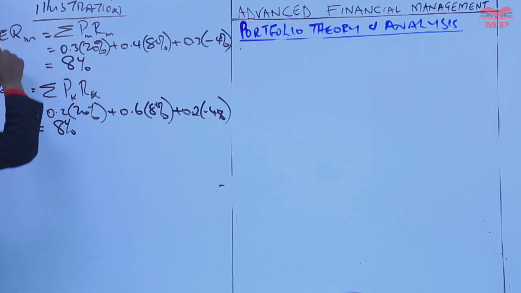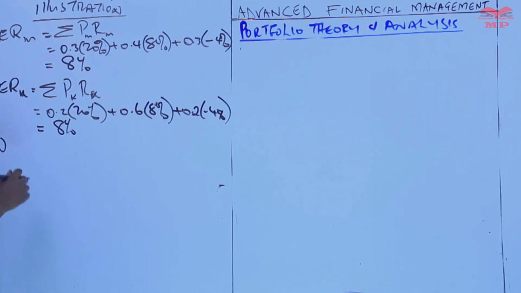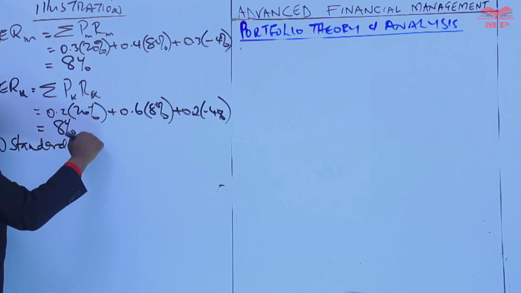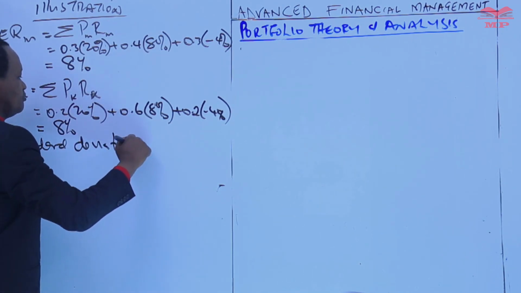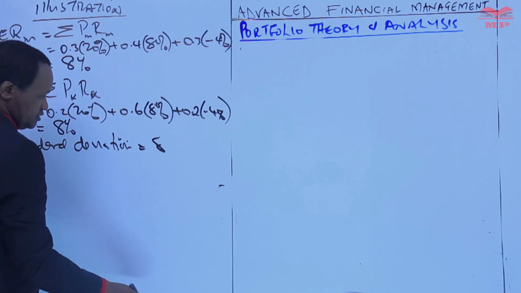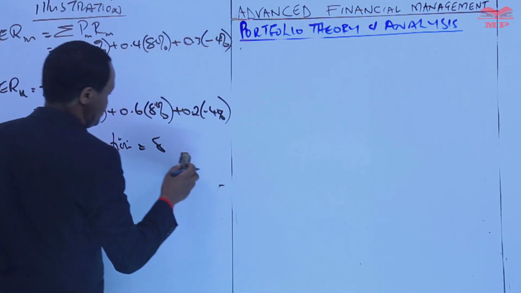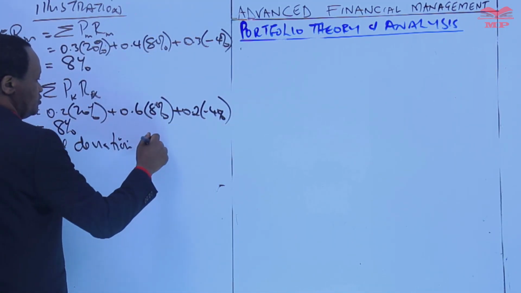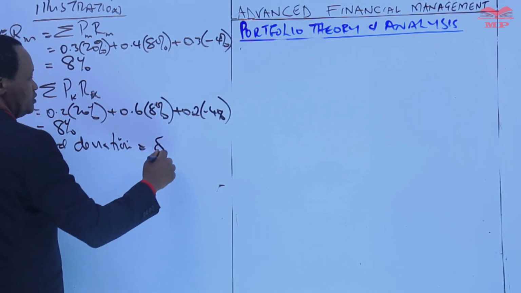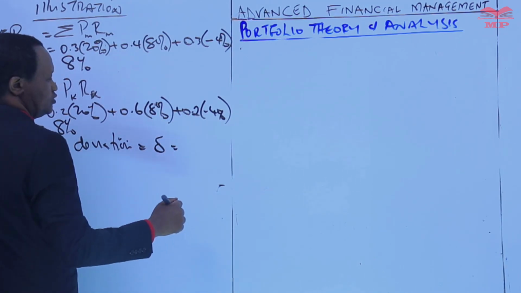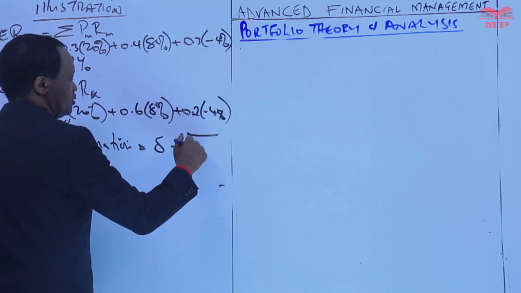That's Roman 1. Roman 2, we are required to determine the standard deviation of investment M and investment K. So the standard deviation, abbreviated as sigma, that is the symbol for standard deviation, is equal to the square root of the variance.